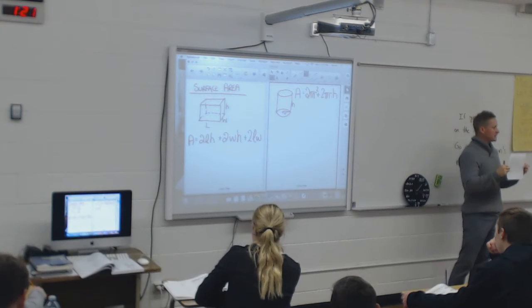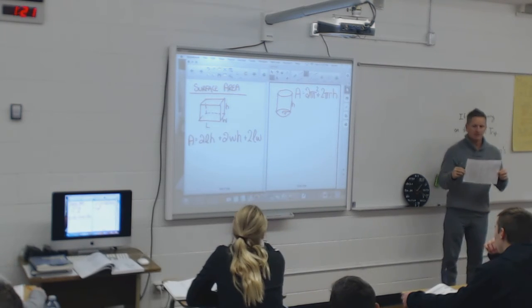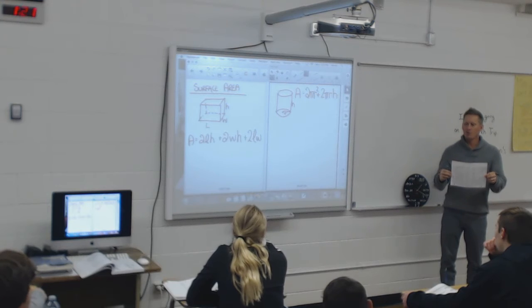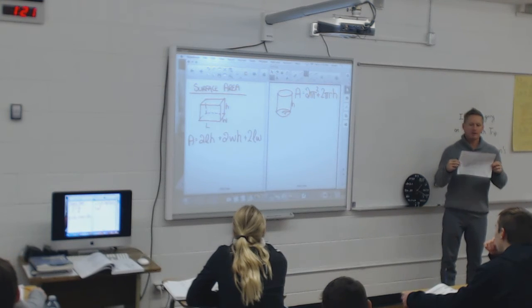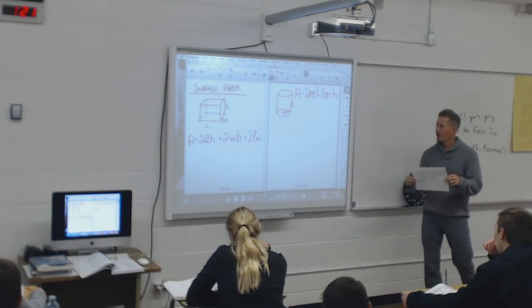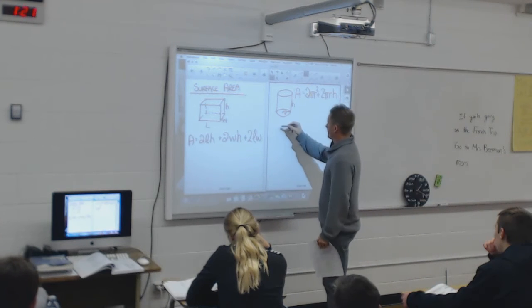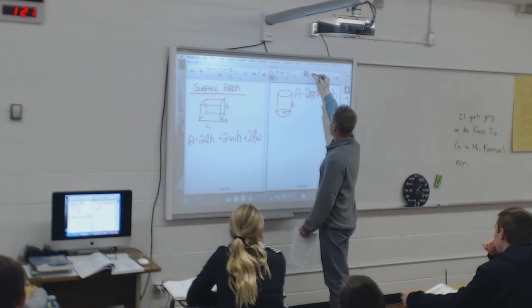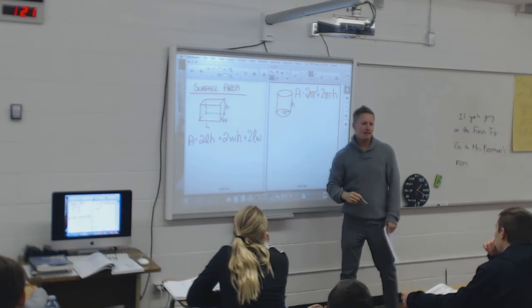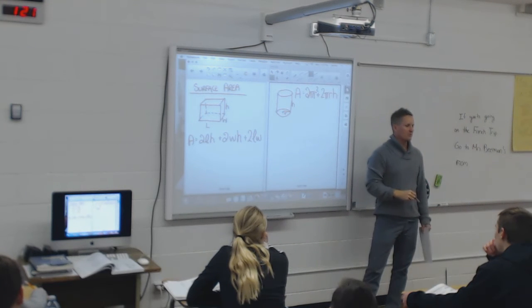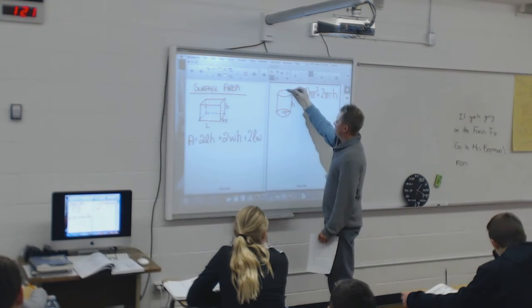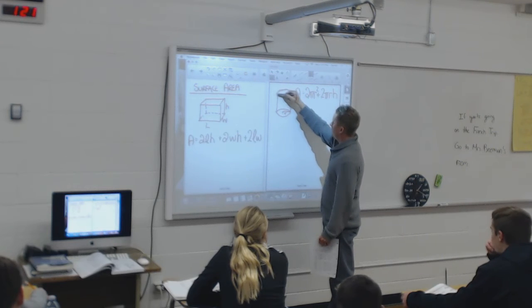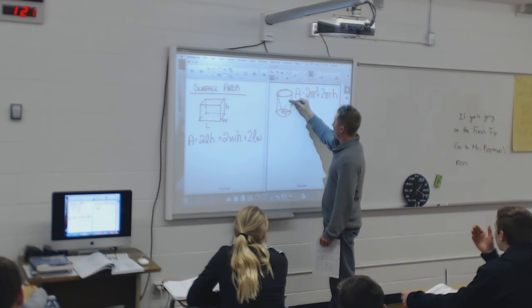The lateral surface area does not include tops and bottoms. So when you see it written in your questions, that's what that means. So far? Okay. Now, what happens if this can becomes a cone? So I take it like this, and I go down to here and back up to here.